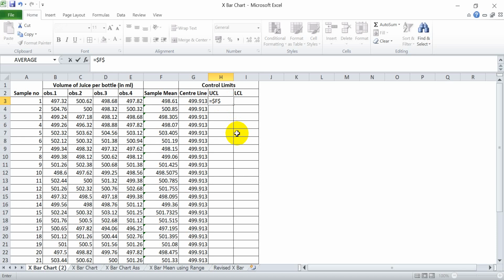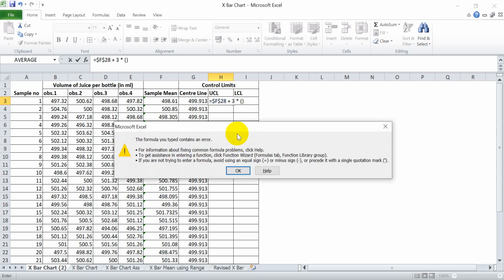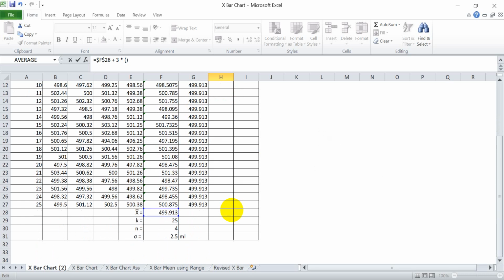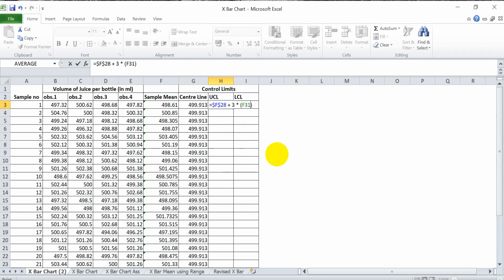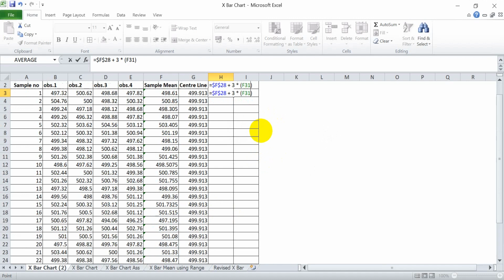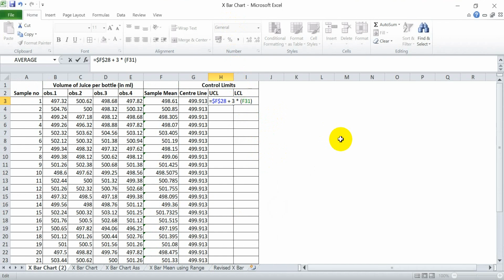Cell 28, that is X bar, plus 3 multiplied by the standard deviation, sigma. Again freeze this.